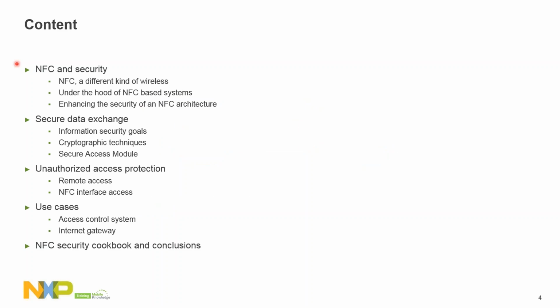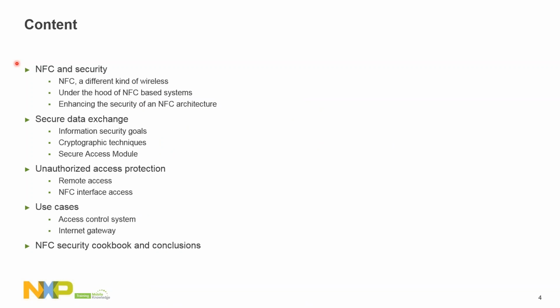Here in this slide, you can see all the different topics that are going to be covered during the next hour. We will start with a quick refresh of what is NFC technology, very quick, allow me to do so. The different NFC-enabled device architectures we may find out there, and which are the security concerns or needs that may arise.